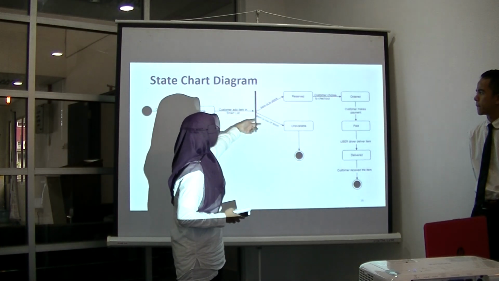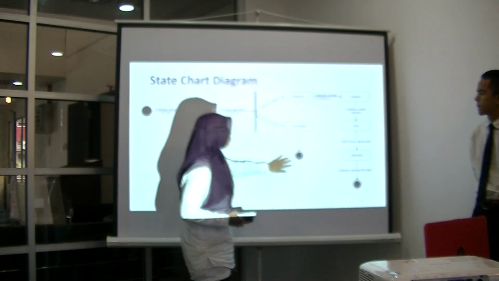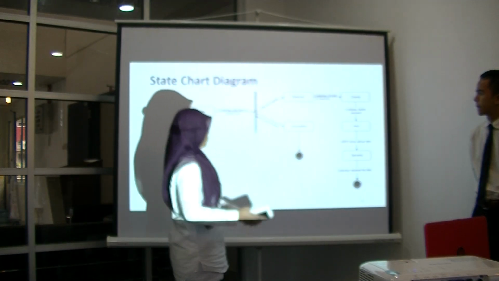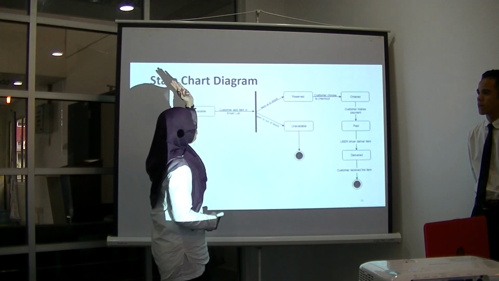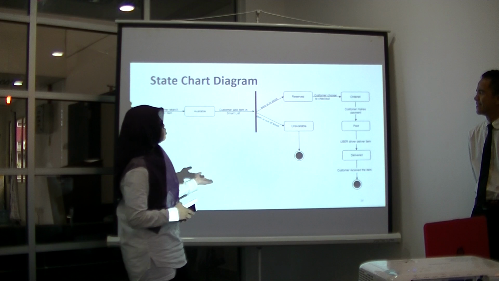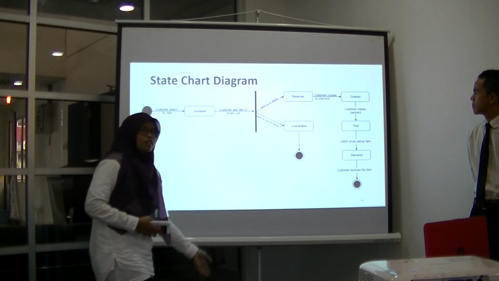First, if the item is out of stock, the state will change to unavailable, and the state will be stopped. And if it's in stock, the state will change to reserved, and then the customer chooses to check out the order and so on.